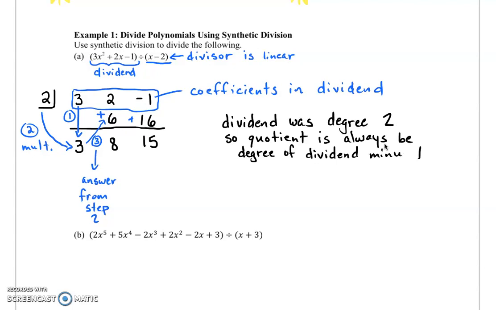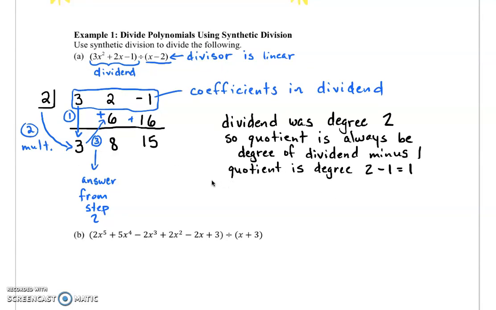Sorry, that's a minus, not a -5. So our quotient in this case is degree 2 minus 1, which is 1.